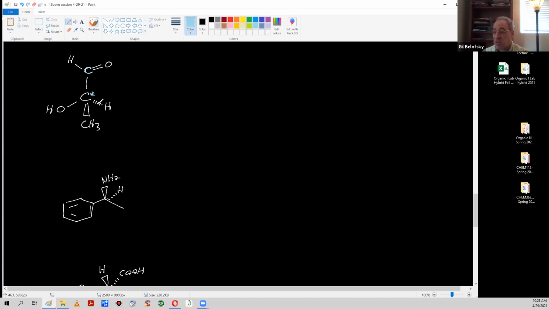So there's only 1 carbon with 4 different things attached to it in this molecule. Easy to spot 4 and 1, oxygen, hydrogen. Carbon, carbon, you go out 1 atom at a time. Those are the same. But it's pretty easy to see here that attached to this lower carbon, this methyl is H, H, H. Attached to the upper carbon is H, O. So we already can see that that one's going to win. But I'll point out the rule.